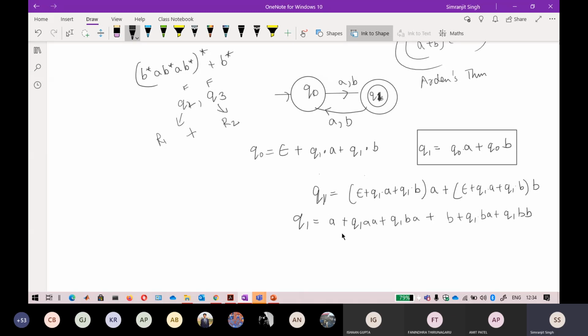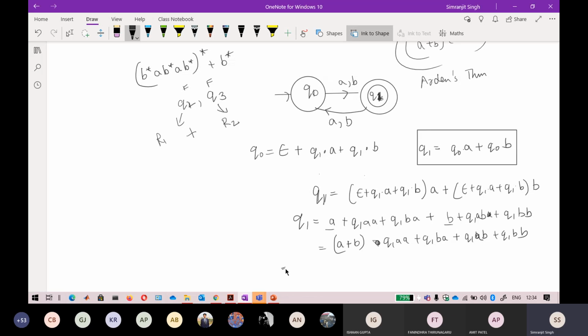Okay, so you can extract it out. Let me arrange this expression suitably. So a plus b can be written like this, and then q1 aa plus q1 ba, plus q1 bb, so this is ab, sorry for that, my multiplication is also bad, ab and q1 bb.